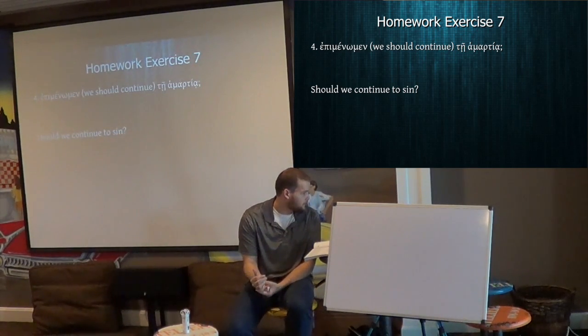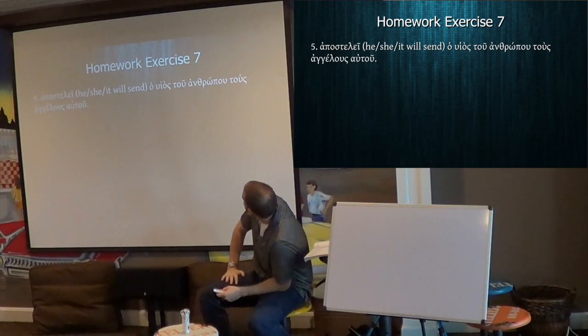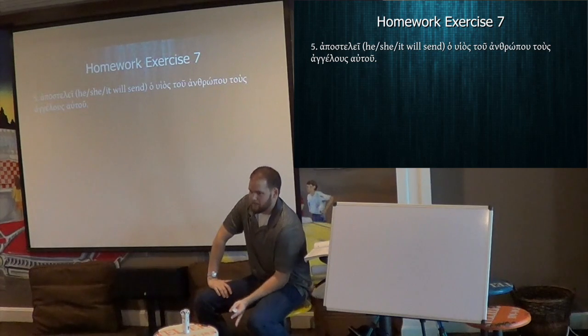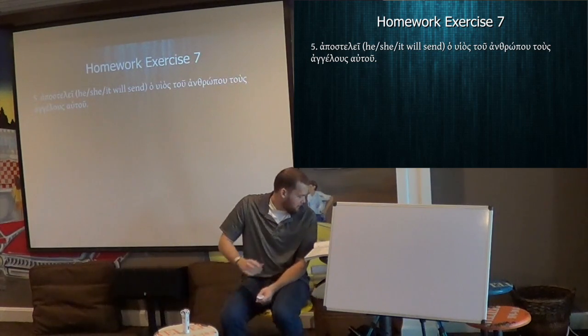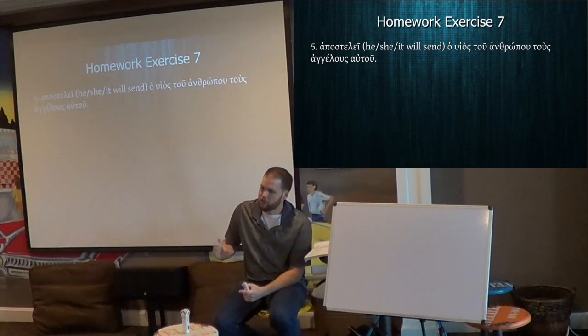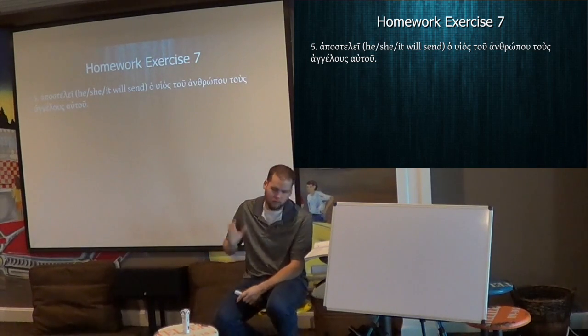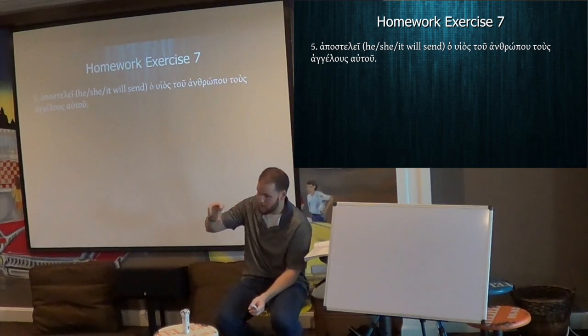All right. Number 5 is a real mind bender. It's a nice long one. So, first off, looking at number 5, this is where those tips for translation, your procedures, are going to be helpful. Start off, find the subject. Where's the nominative noun?